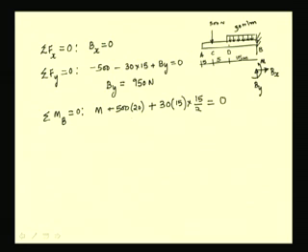So the sum of all these moments has to be 0. So from this we get the moment as minus 13375 Newton meter, or it is 13,375 Newton meter in the clockwise direction.